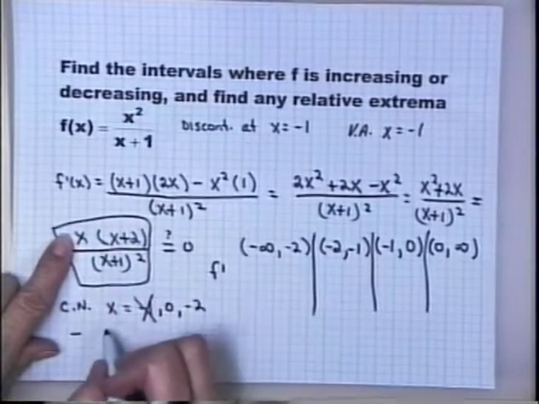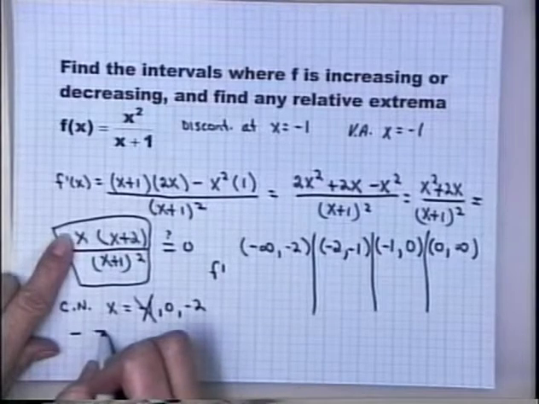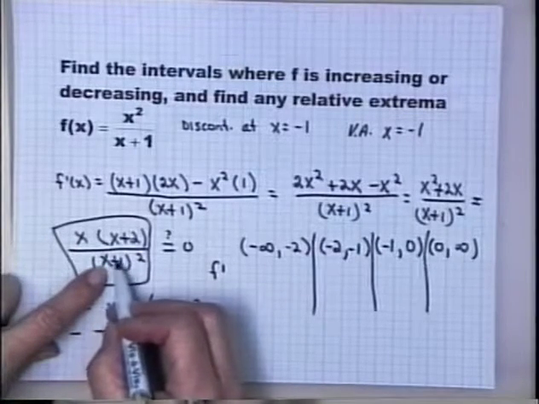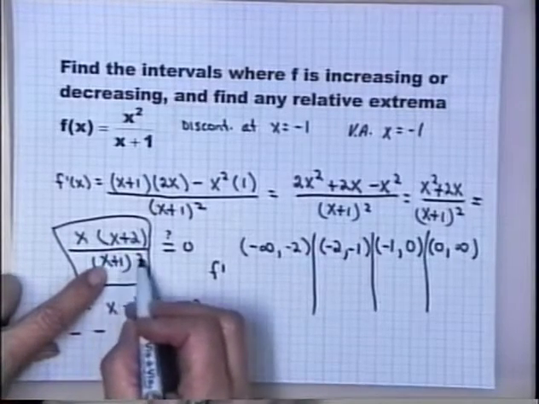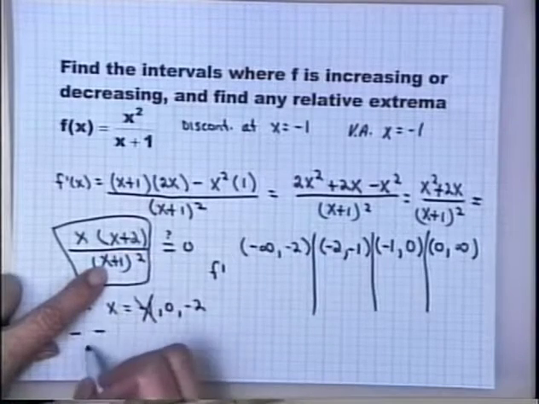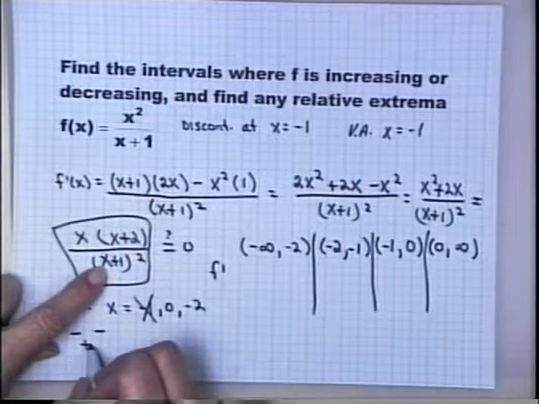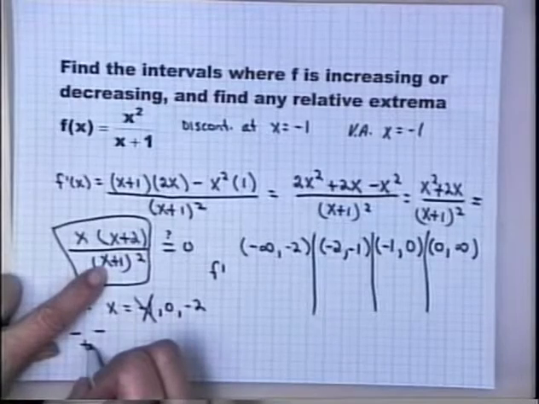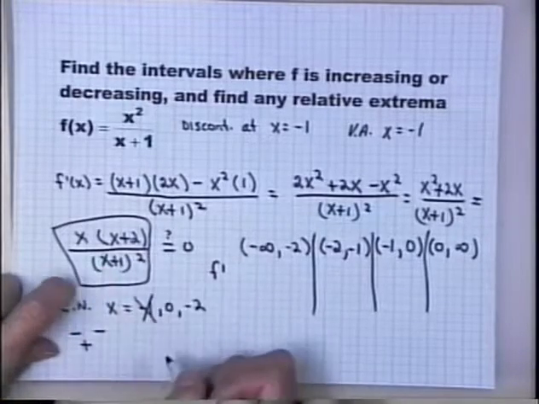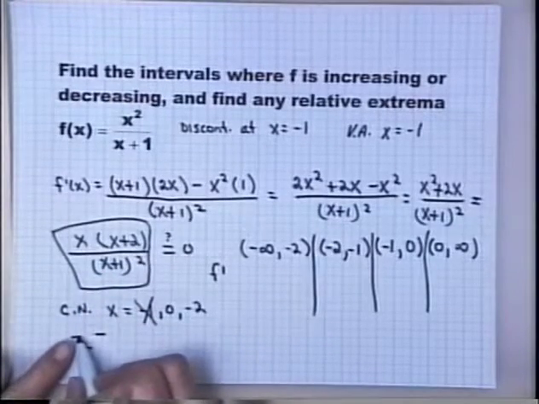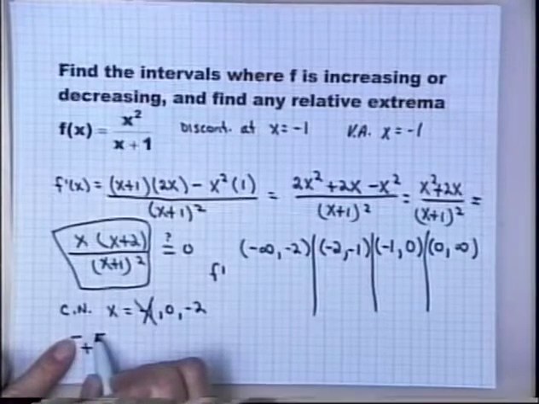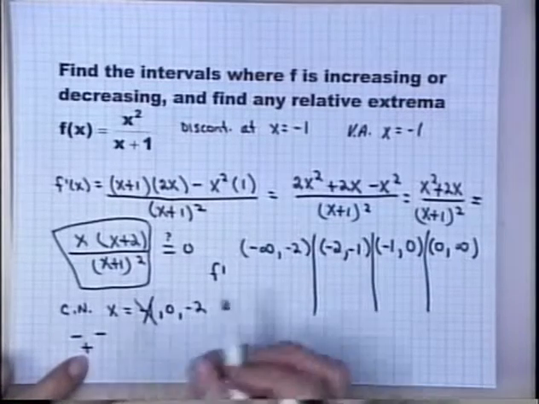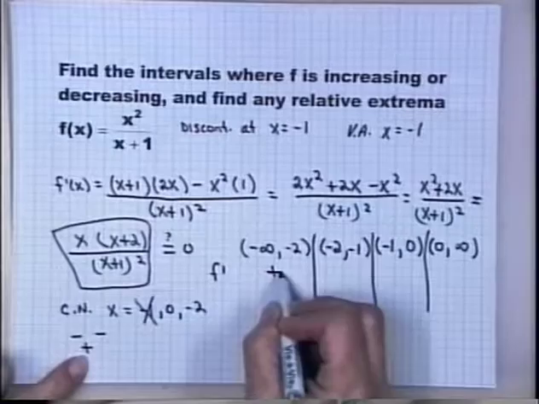Negative 3 plus 2 would also be negative, wouldn't it? Negative 3 plus 1 is negative, but notice we're squaring that, so the denominator would be positive. In fact, the denominator's always positive, isn't it? Anything squared is positive. So if I have the product of two negatives, that would be a positive, divided by a positive, gives me a positive answer for my derivative.